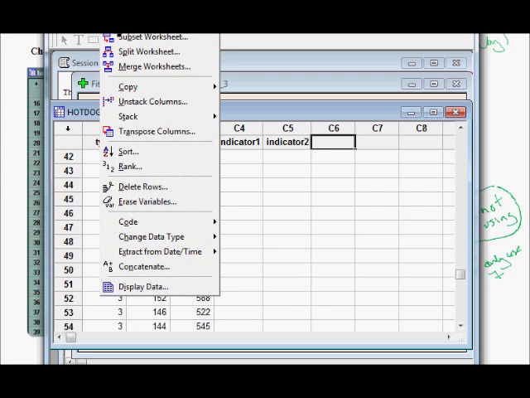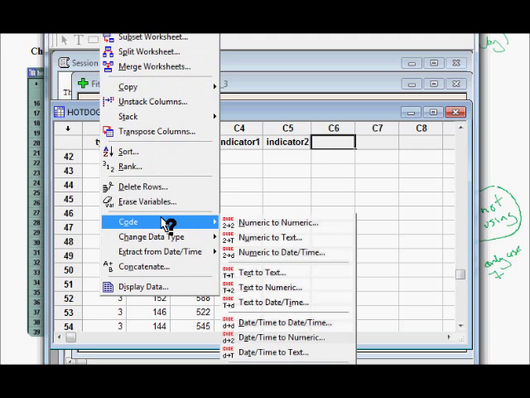So now what I do is I go to data, and I want to do some coding. So use data code. And here, since my categories are already numeric, I'm going to do numeric to numeric. If my categories were actually called beef, meat, and poultry, I'd have to use text to numeric. Change beef to 0s, change the other ones to 1s, whatever.